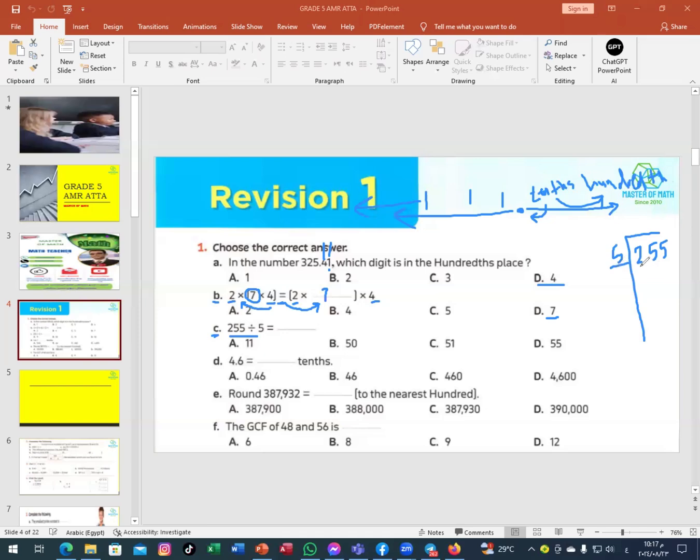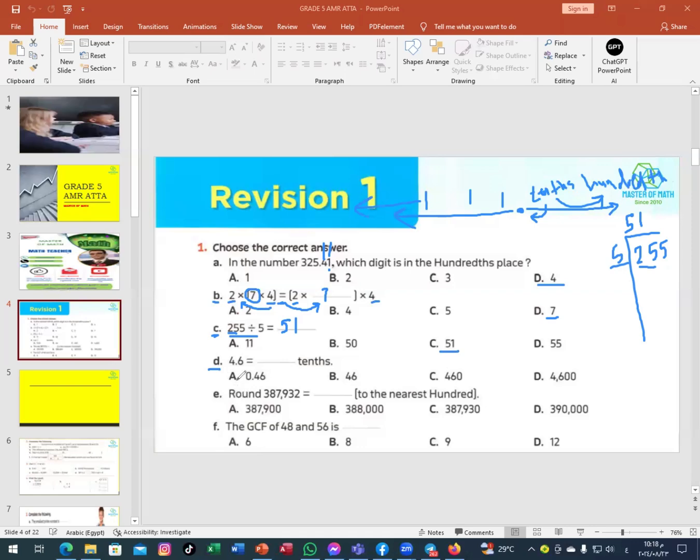We have to find a number greater than 5. 25 divided by 5 equals 5. And 5 divided by 5 equals 1. So the answer is 51.